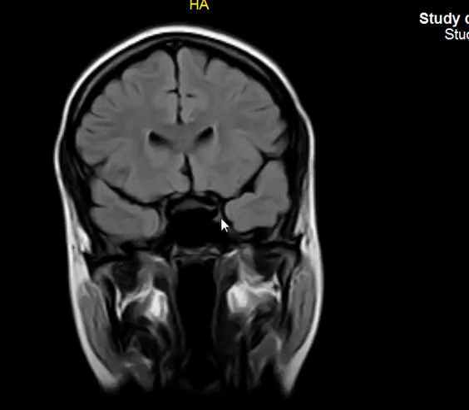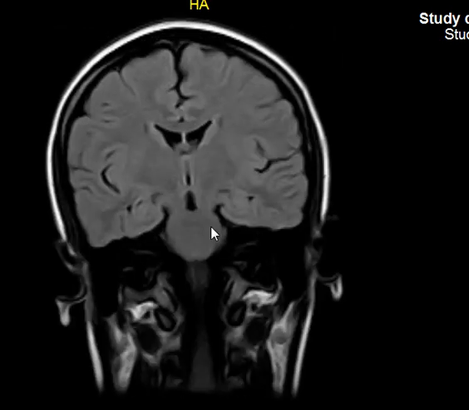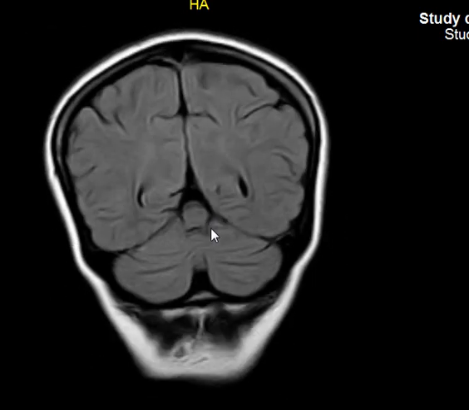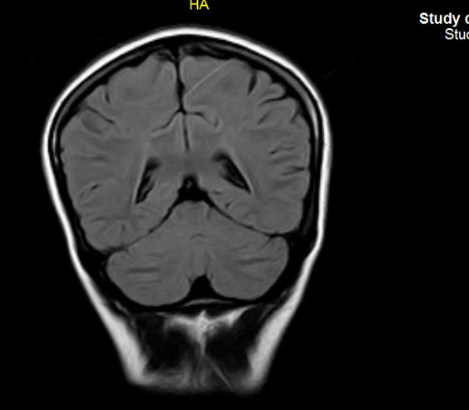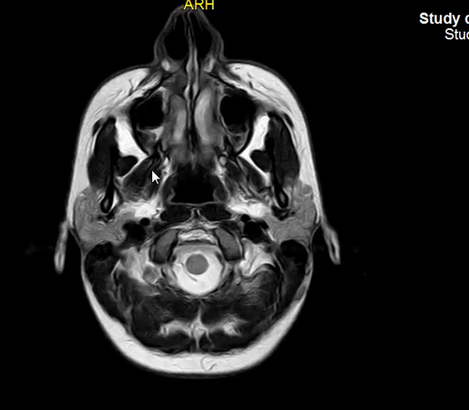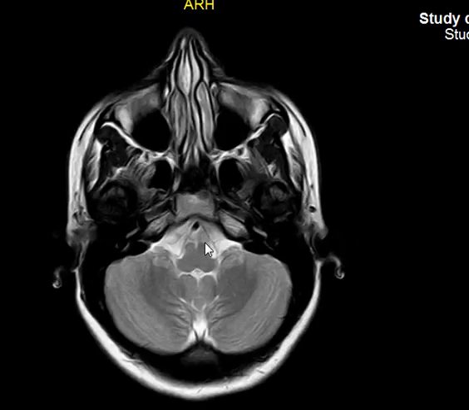The coronal is this one, cuts parallel to the front of the body. While axial is transverse to the plane of the body, like this one. This is what we call transverse images.